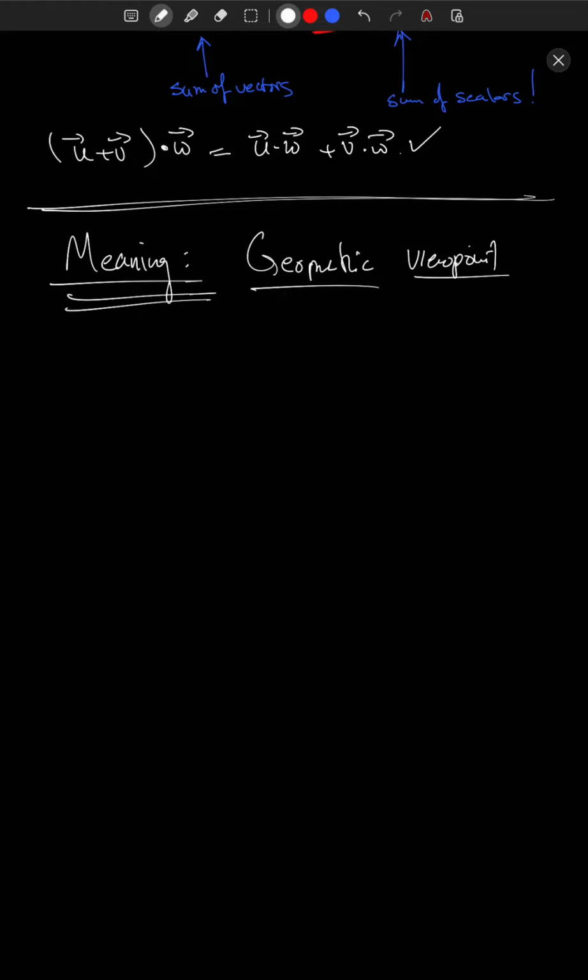So let's say I have a vector v like this, and let's say this is in standard position, and so its coordinates are written as (a1, a2). All right. Let's say we have another vector w, and let's say it's (b1, b2).